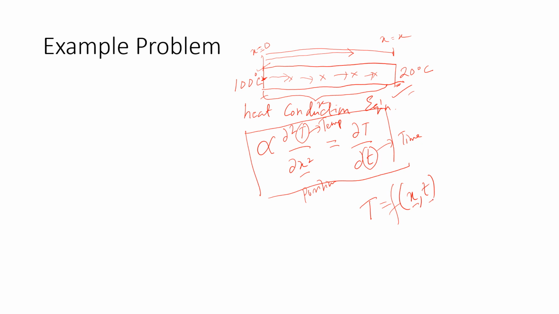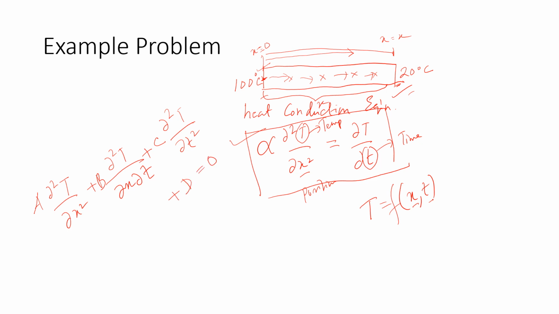Let us compare this equation with the standard second order partial differential equation: a del square T by del x square plus b del square T by del x del t plus c del square T by del t square plus d equals 0.